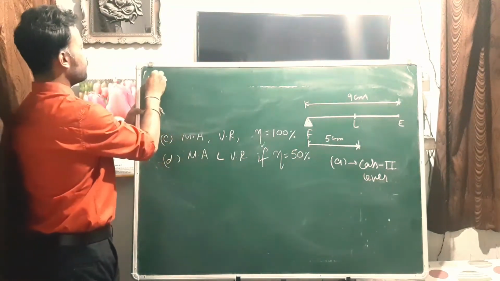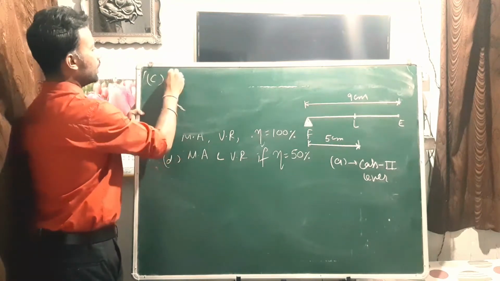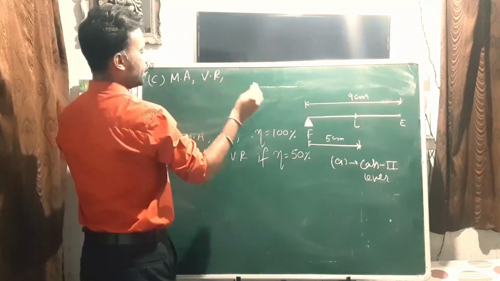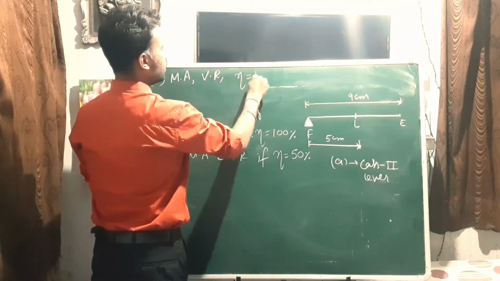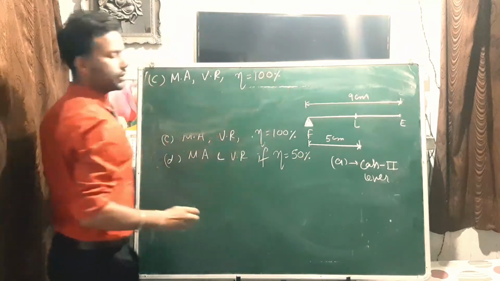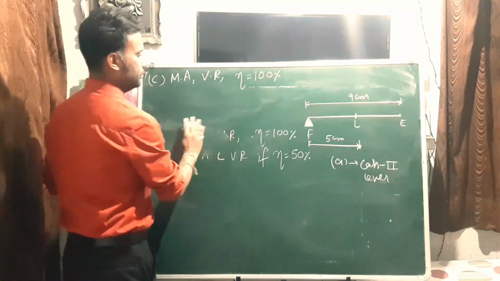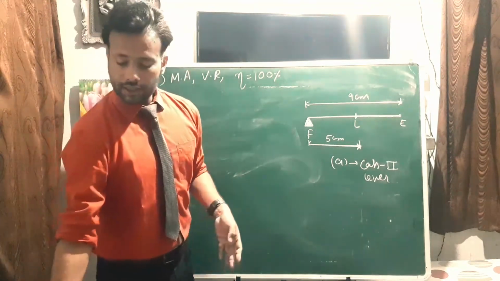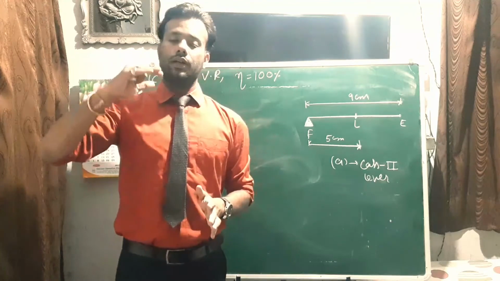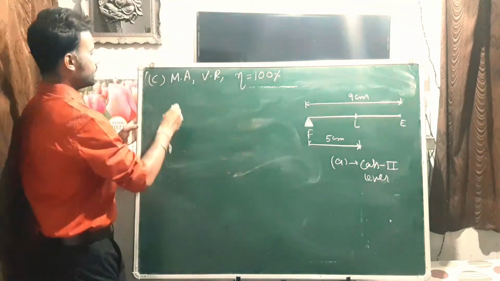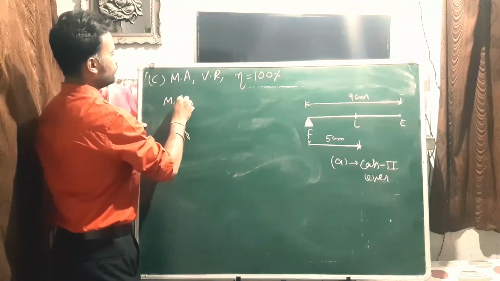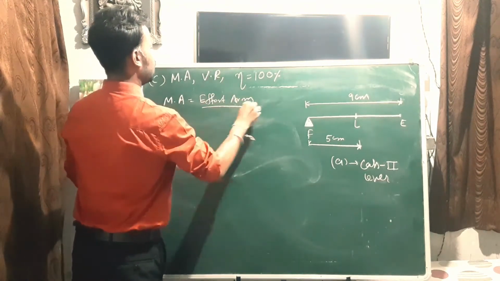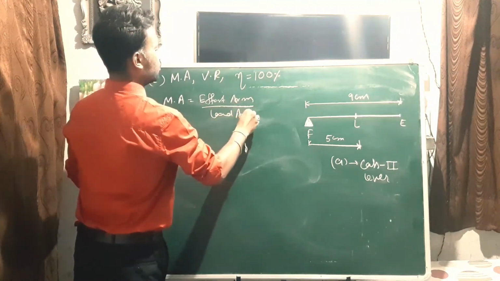So in part C, what do we have to calculate? We have to calculate the mechanical advantage and the velocity ratio if the efficiency is 100%, right? Okay. So you know that mechanical advantage can be obtained with the formula effort arm to the load arm. So in this case, the mechanical advantage will be equal to effort arm upon load arm.